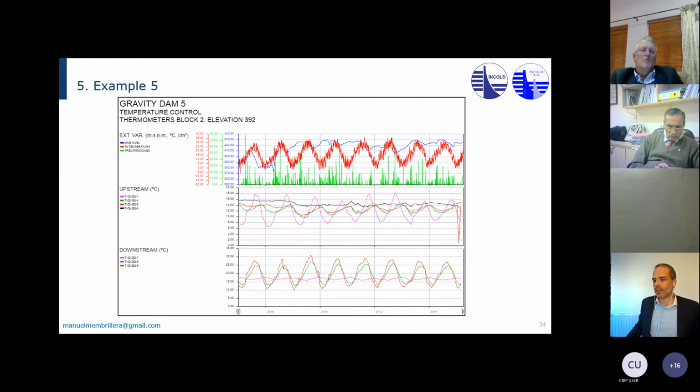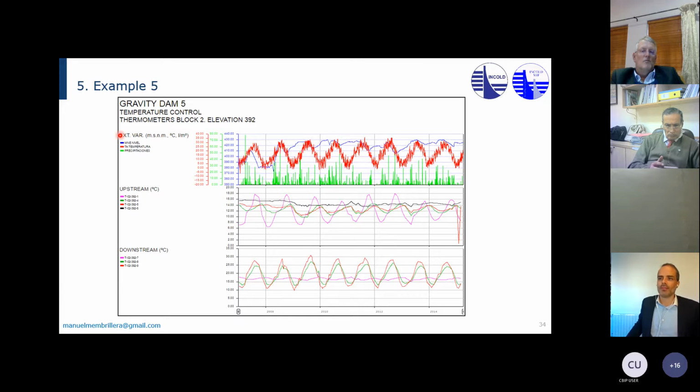And if we have a look over the years, this is 2007, 2008, 10, 12, 14, so this ends up in 2014. It goes from 2007 to 2014. This is the downstream area of those thermometers, and this is the upstream in contact with the water.